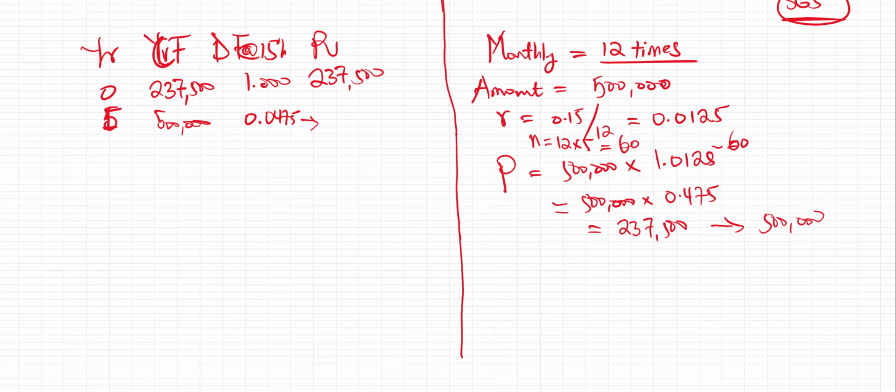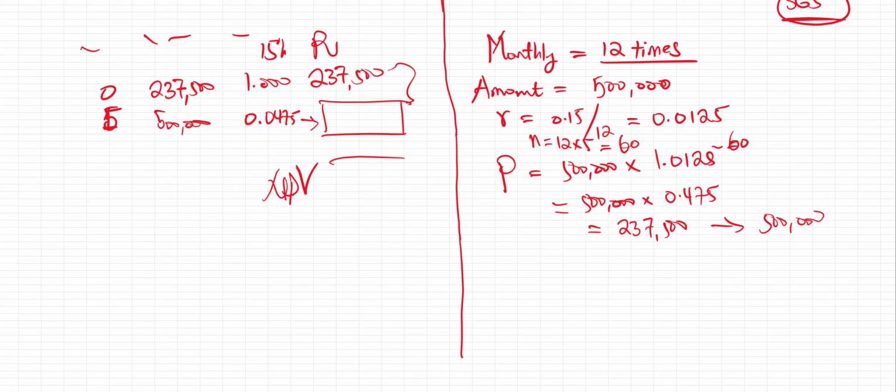Here it will be the same figure because I just use the same figure as a reference. That's what gives you the net present value, which means it is good because something good is coming out of it. That's what NPV means.